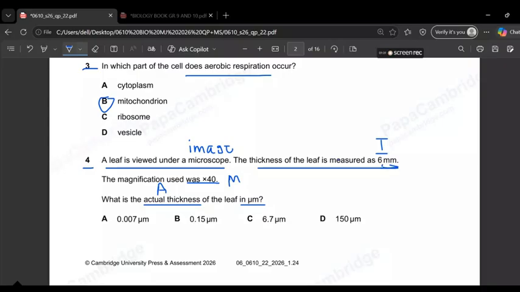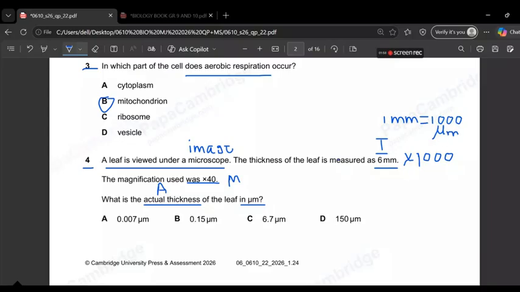It means we need to convert millimeter into micrometer. So when we convert millimeter into micrometer, we need to multiply by 1000 because 1 millimeter is equal to 1000 micrometer.